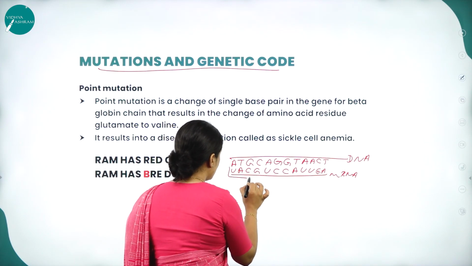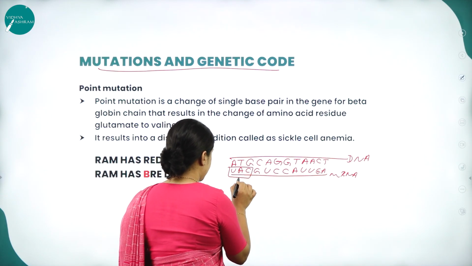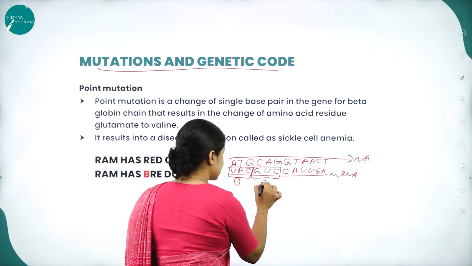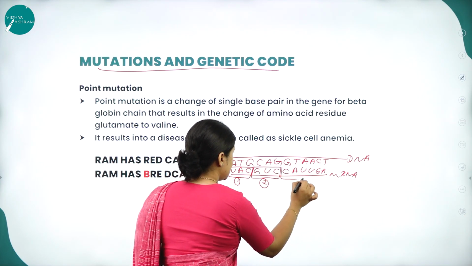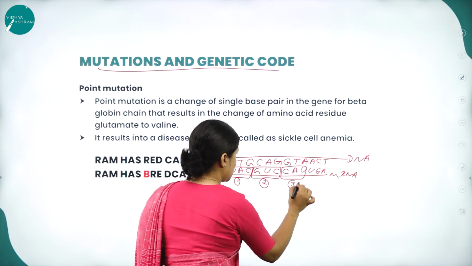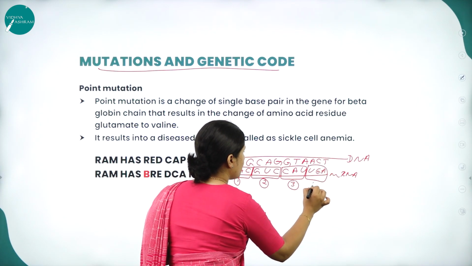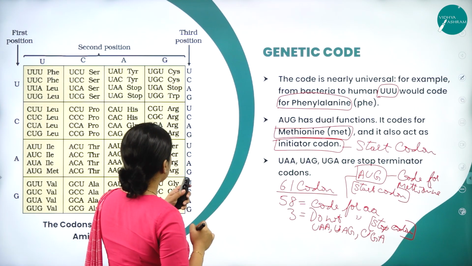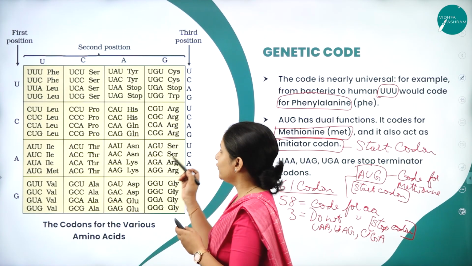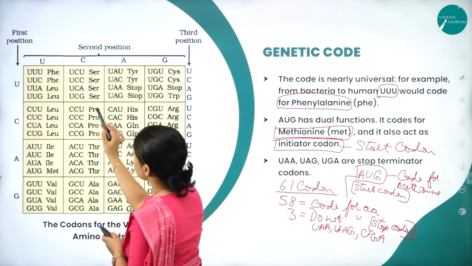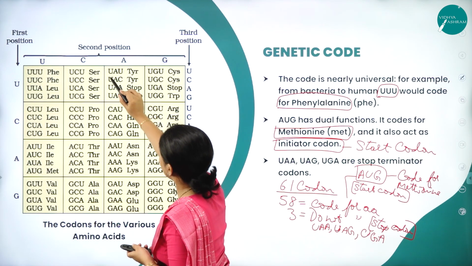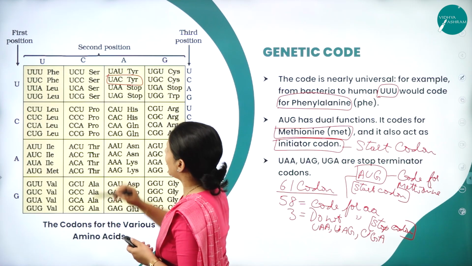So we have UAC as one triplet codon, or one gene. GUC is the second gene here. CAU is the third gene here. UGA is the fourth gene here, right? Moving back, UAC. Now see here, can you search for UAC here? Yes, UAC is tyrosine.